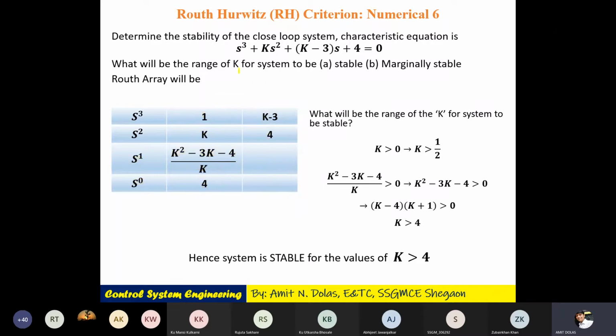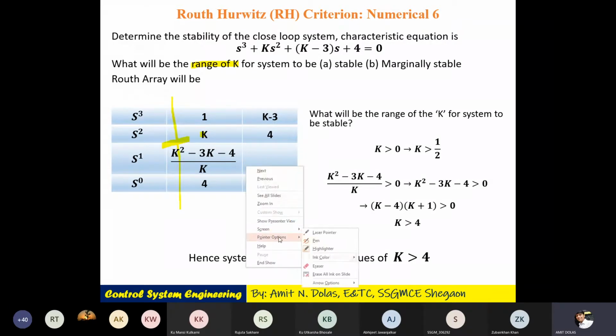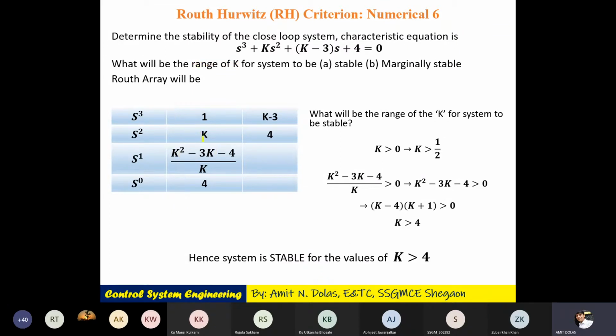Now we are interested in the range of k. We have seen such kind of example before. So for the range of k, you can see here for stability, this complete column should have positive values. And you can see for that we have to define the value of k. So here you can see there is a single element in the s square row, k. So of course if k is less than 0, that would be negative.